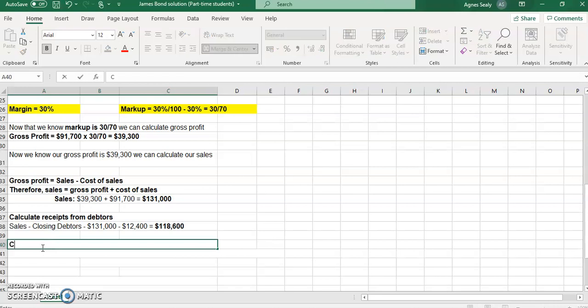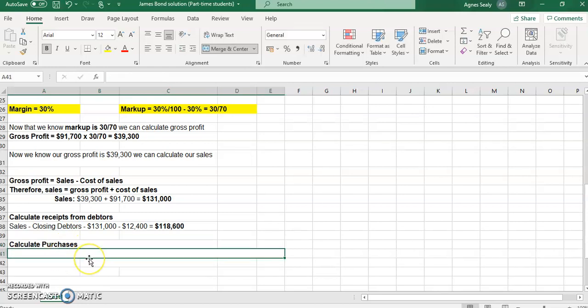So we're going to calculate purchases. To calculate our purchases, we're taking this again from our income statement format. Remember, in your income statement, your opening inventory plus your purchases minus your closing inventory will give you cost of goods sold. I will say that again.